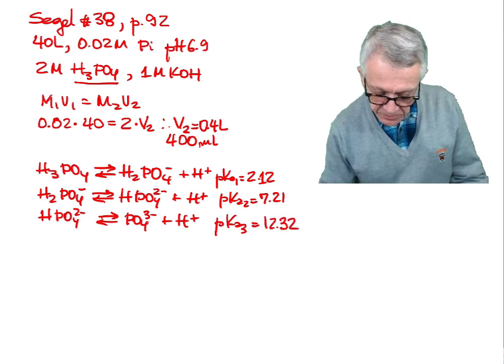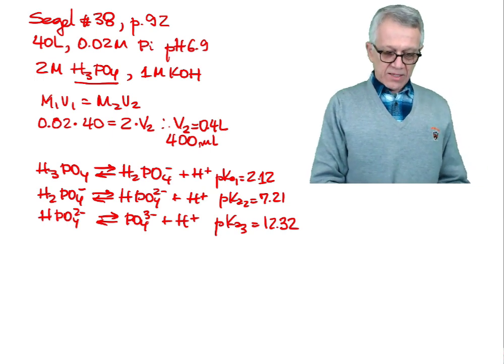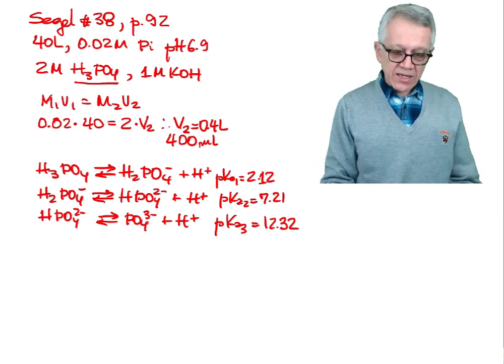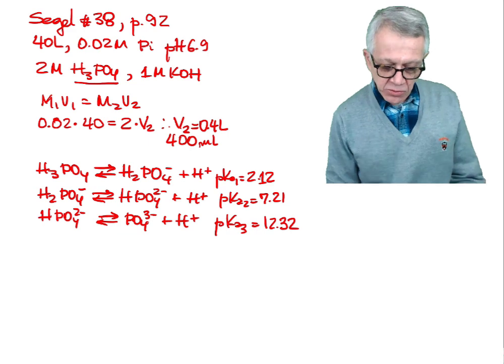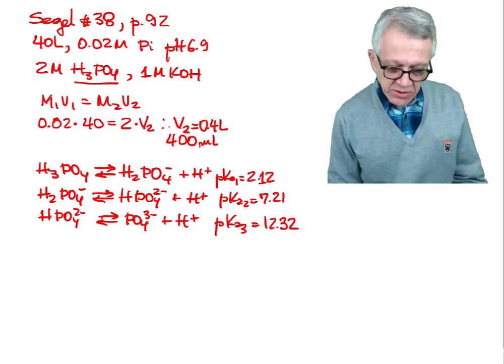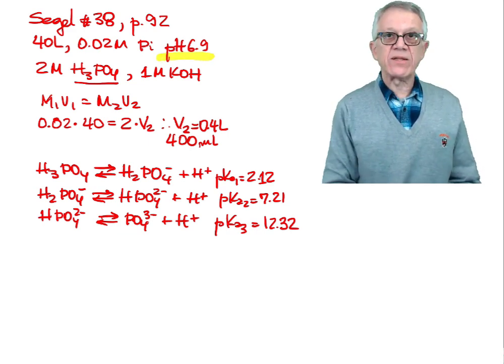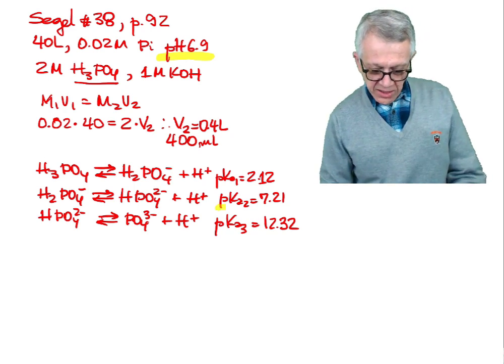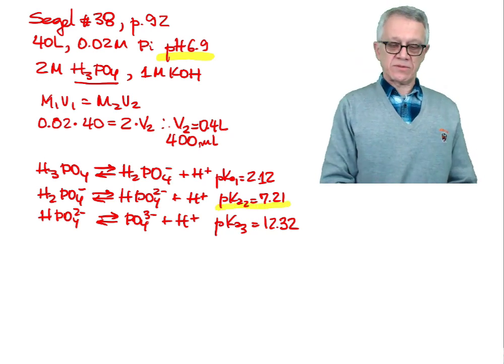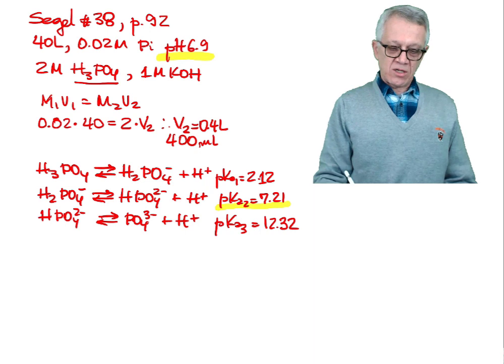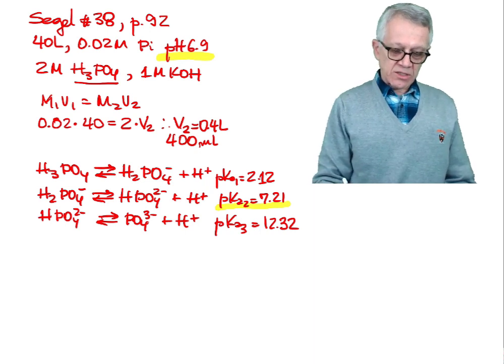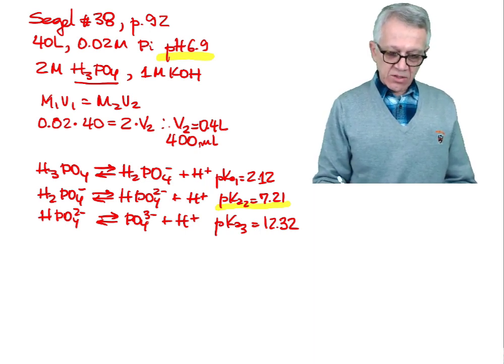All right. So now, if you want your pH to be 6.9 as required by the problem, the closest equilibrium we have here is this one. Therefore, your whole story is going to be based on the equilibrium of this stage.